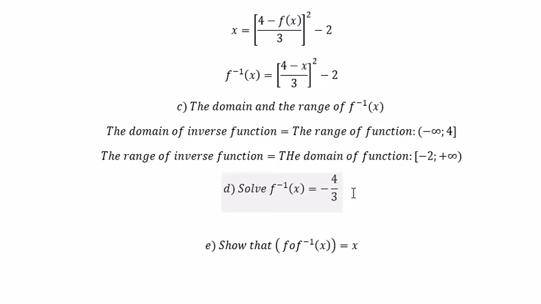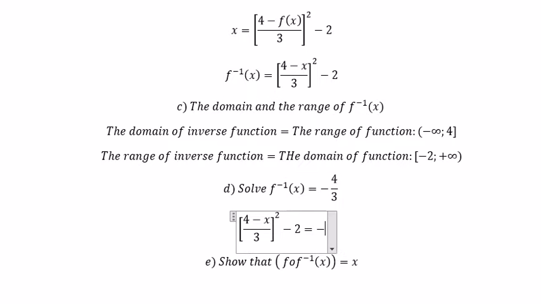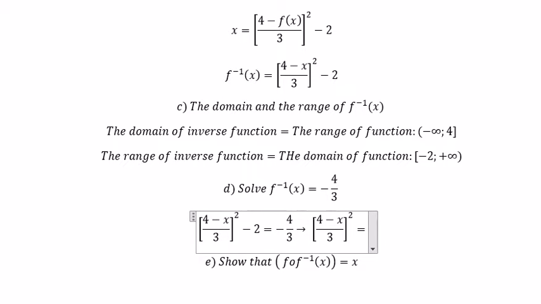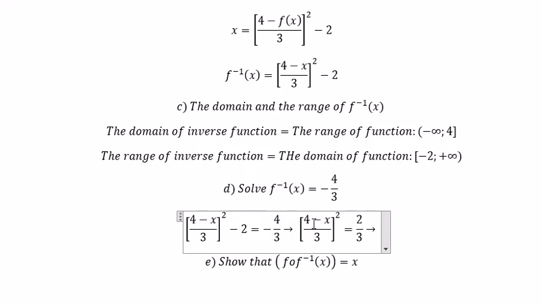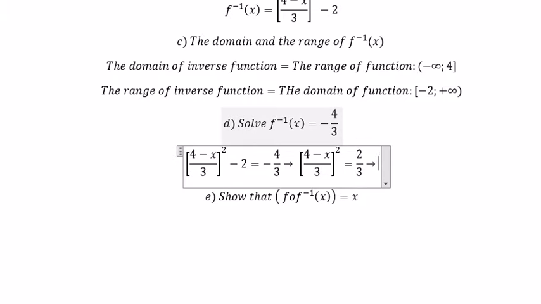Now let's solve about this one. We have this one in here equal to negative 4 over 3. And now we got this one equals to 2 over 3. And we put the square root in the both sides, and you got about 2 solutions.